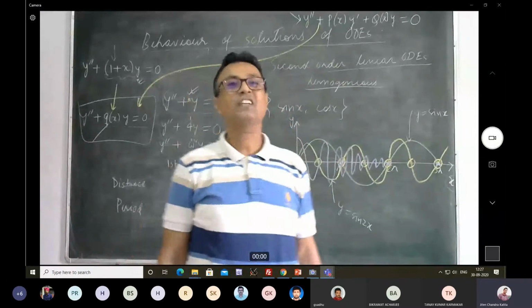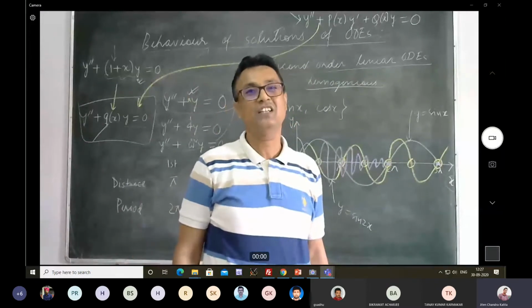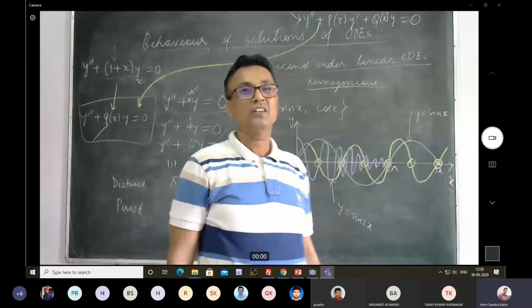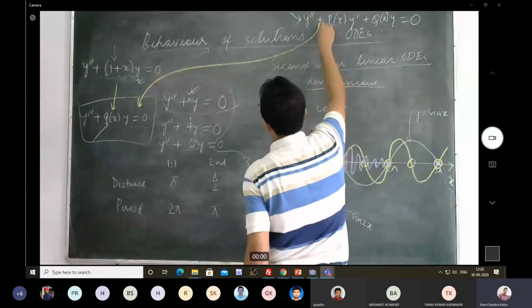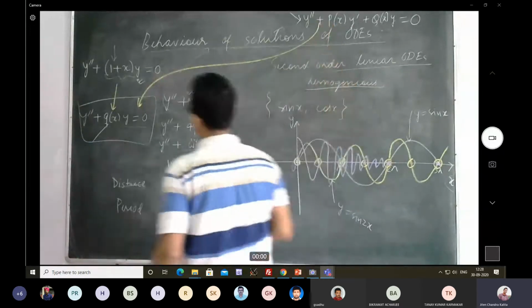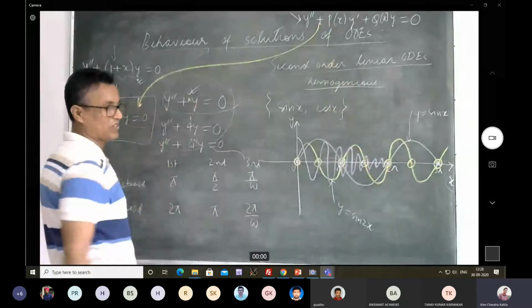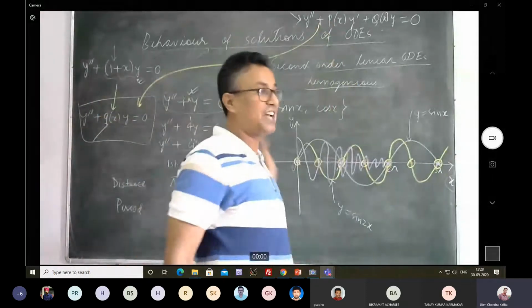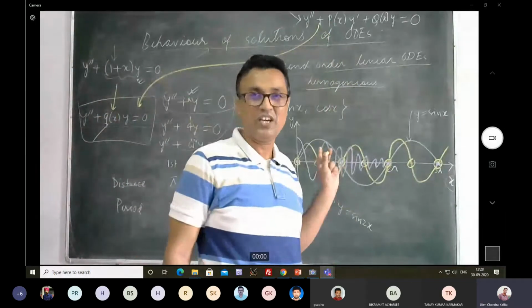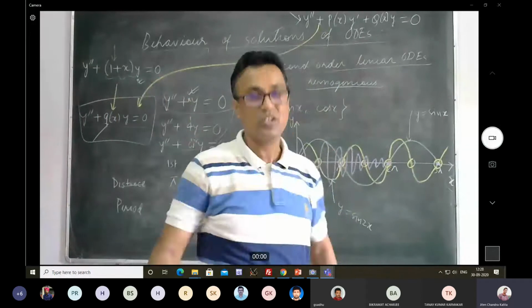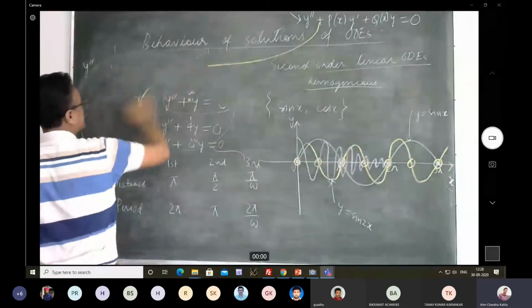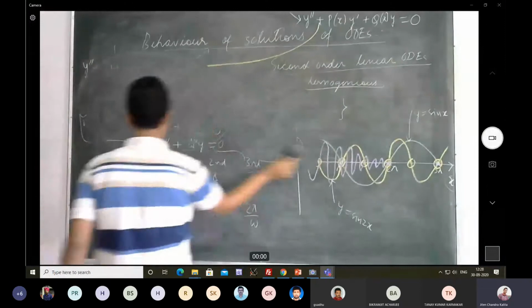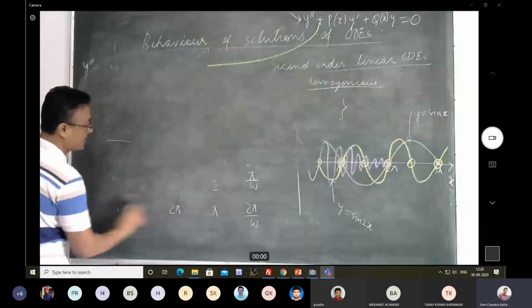What is the guarantee that studying the solution of this equation is going to be similar to studying the solution of this kind of equation? I am going to answer that question a little while from now. Okay, fine.